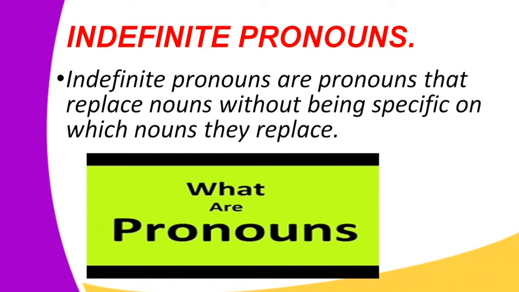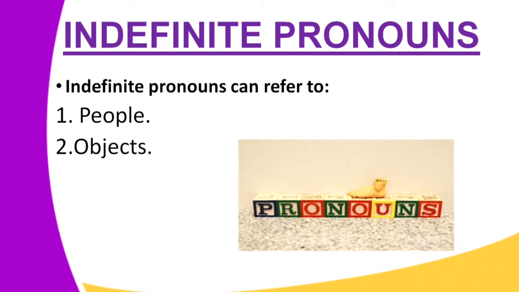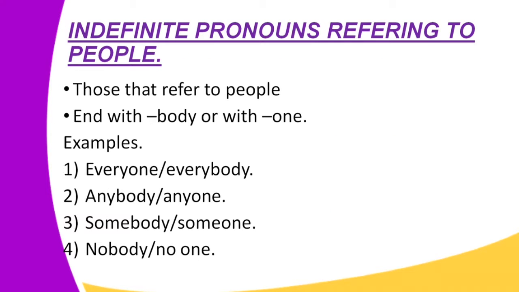Let us look at examples of such. Before then, we can say that indefinite pronouns can refer to people or objects. Let's start with indefinite pronouns that refer to people.